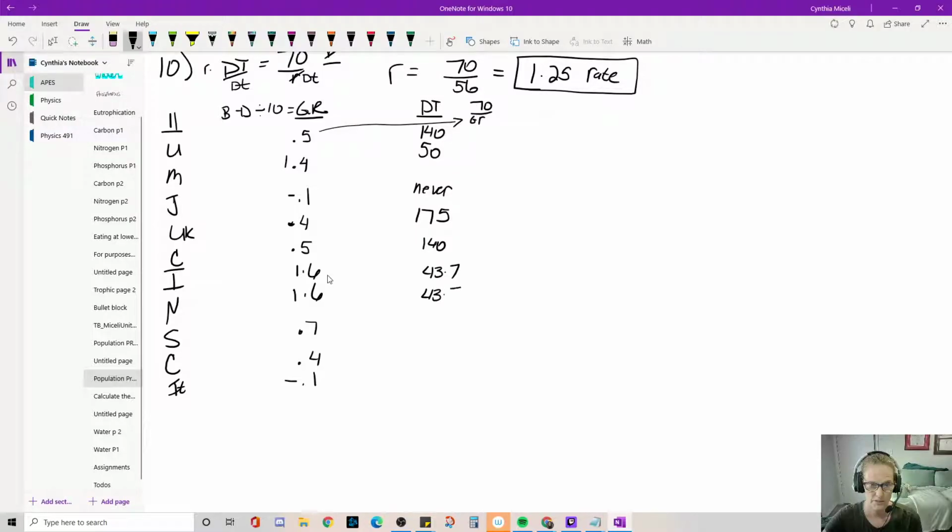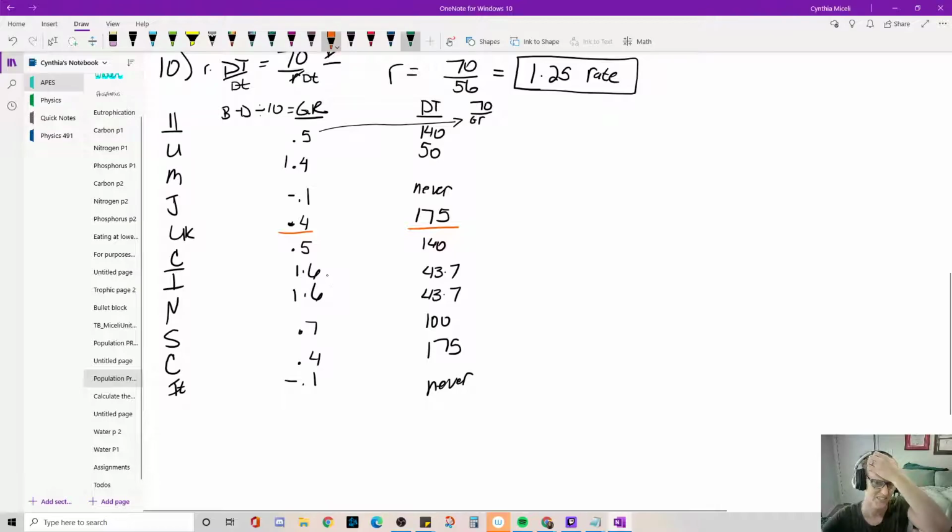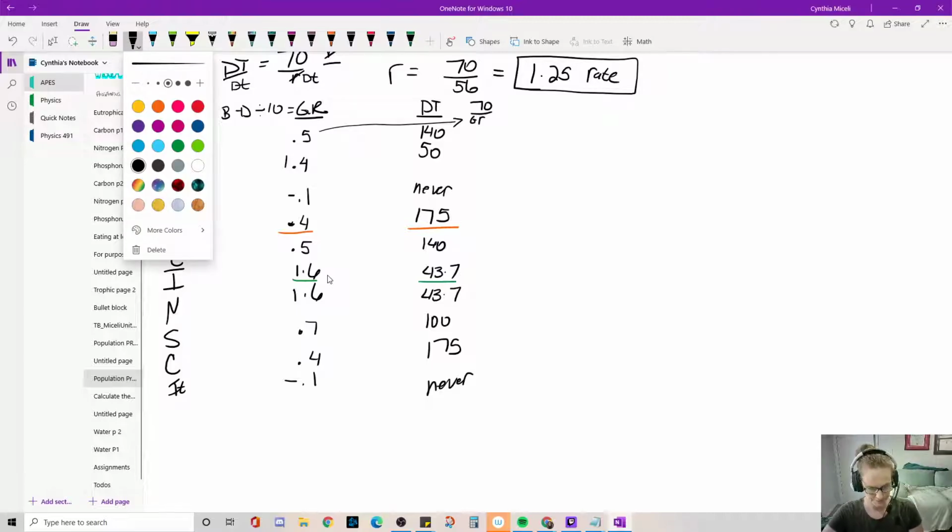So is Nigeria. 100. Canada is 175, and Italy's never. So notice the countries that have the smaller growth rates take much longer to double their population. And the countries that have really large growth rates, it doesn't take very long at all to double their population. That's what you should come away with from this little exercise here.